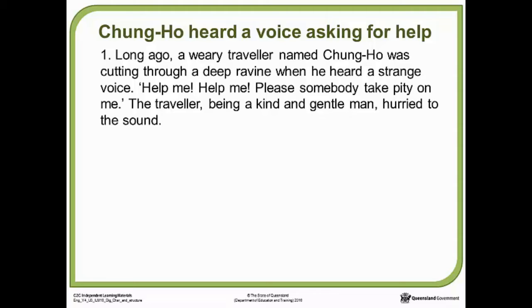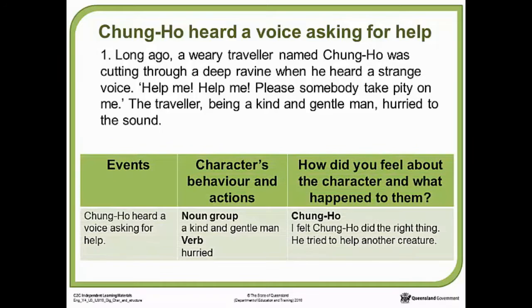The traveller, being a kind and gentle man, hurried to the sound. There is a great noun group about Chung Ho in this section. He was a kind and gentle man, and the verb in this section is hurried. This language makes me feel that Chung Ho did the right thing. He tried to help another creature. The author has made me like Chung Ho.